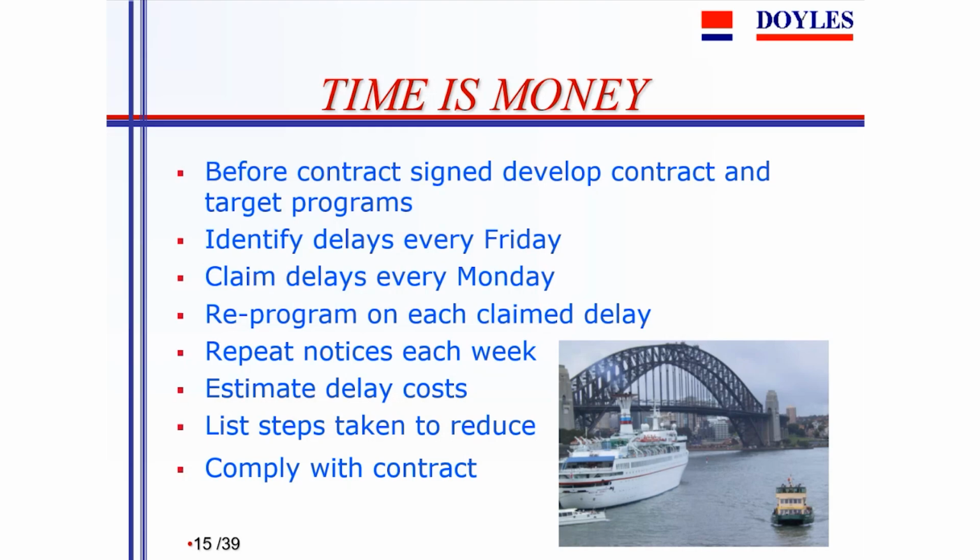That means you've got to reprogram. It's important from a contractor's point of view to make sure he retains on top of that job and he has reprogrammed it successfully throughout the process. That if he's had 20 extension of time claims, he's put in 20 adjusted programs.